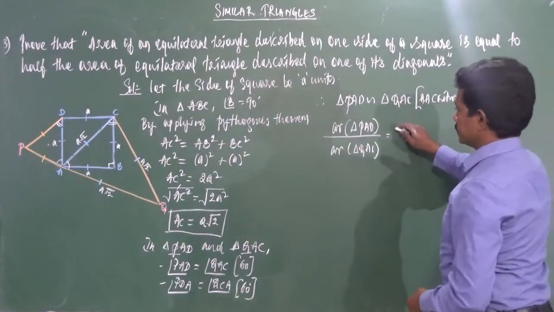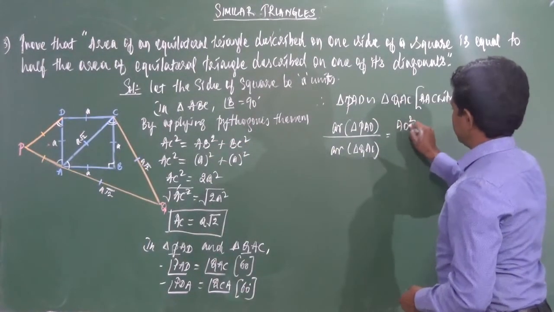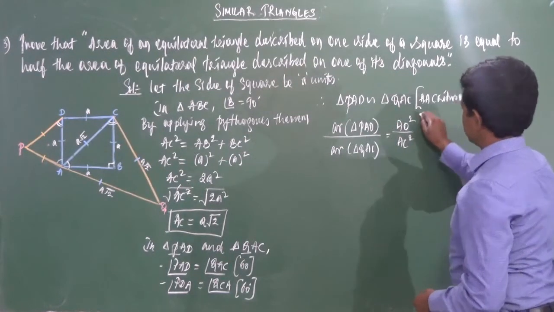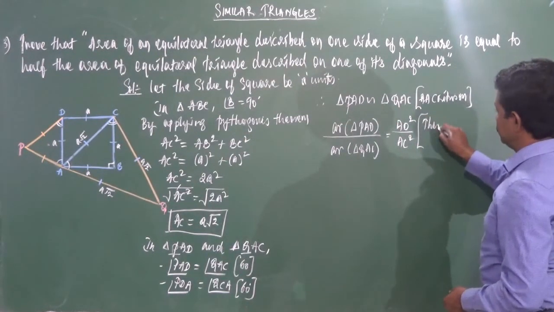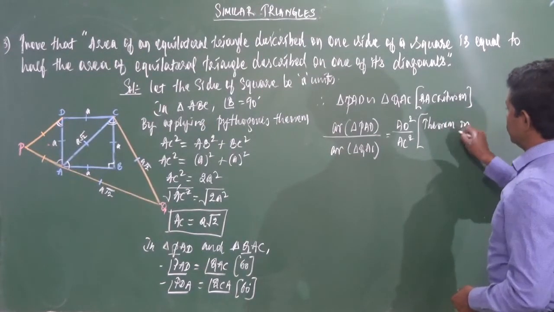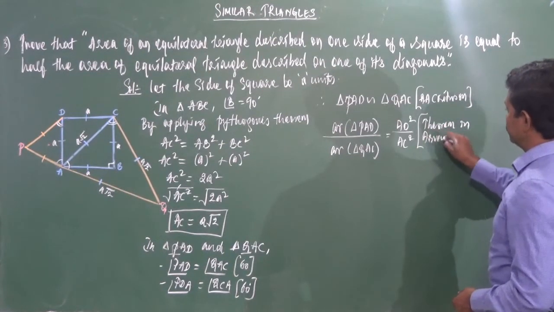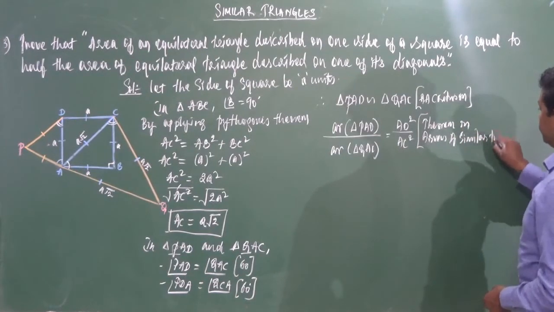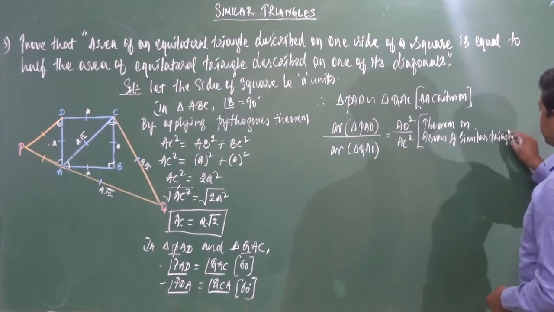So that becomes AD square by AC square. So the reason is the theorem on areas of similar triangles.